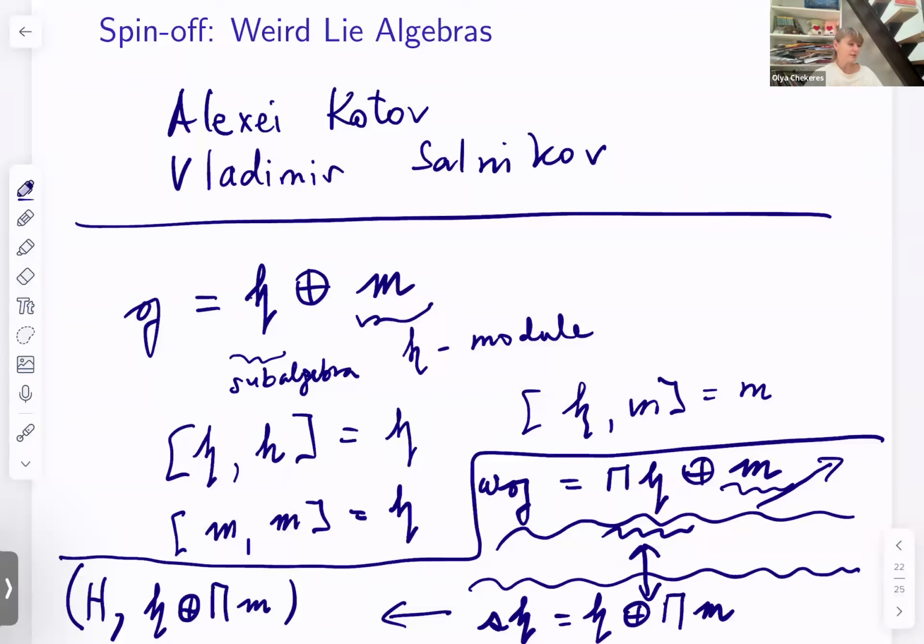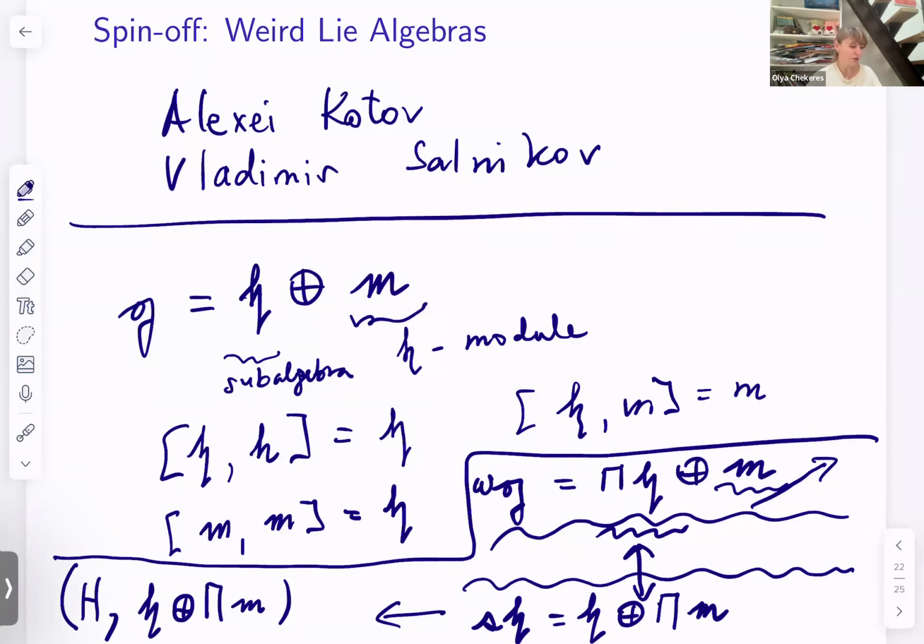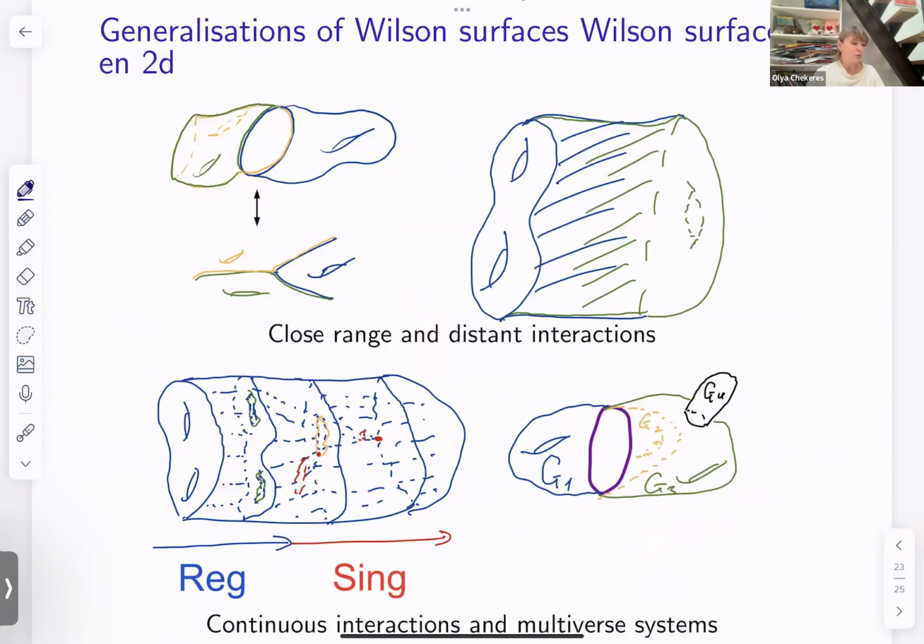So this is a spin-off about some mathematical structure which came up while we were working on the project. And then I wanted to mention some generalizations. I will not talk about this in a lot of detail.